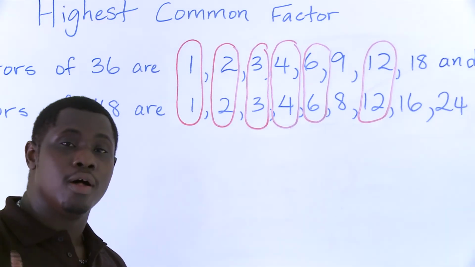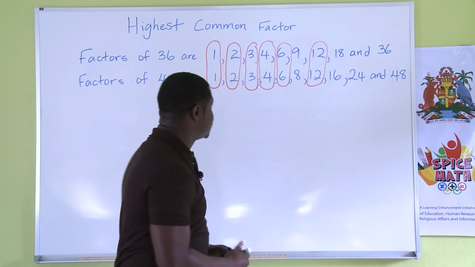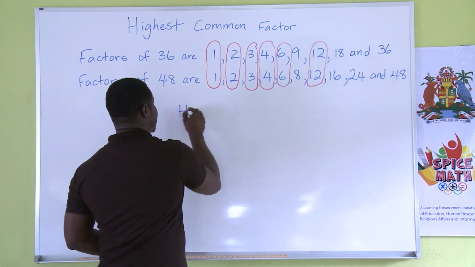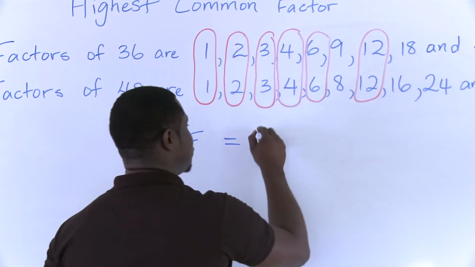Now, out of all the common factors, which one is the highest? The HCF would be equal to 12.